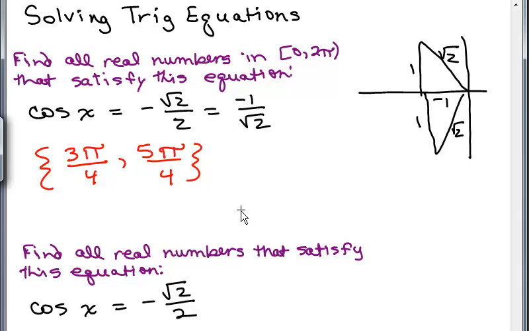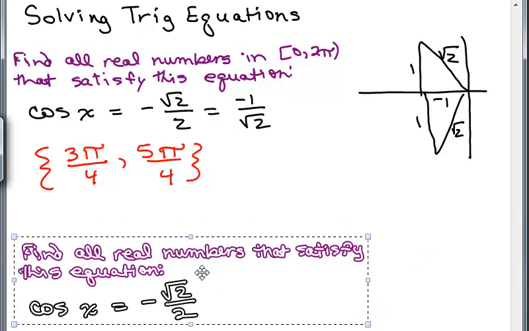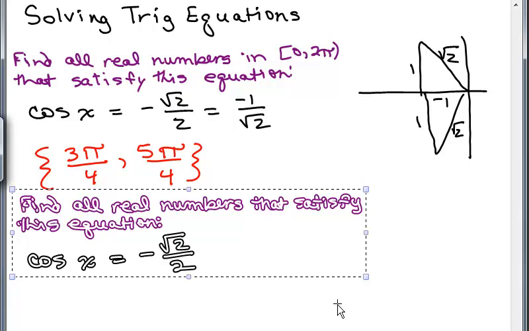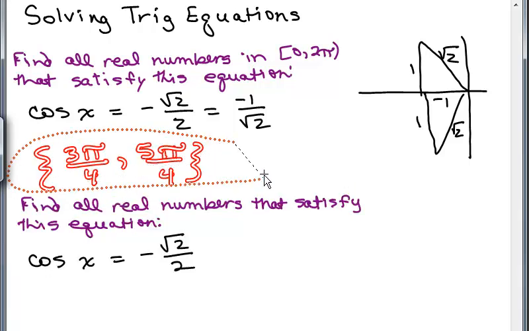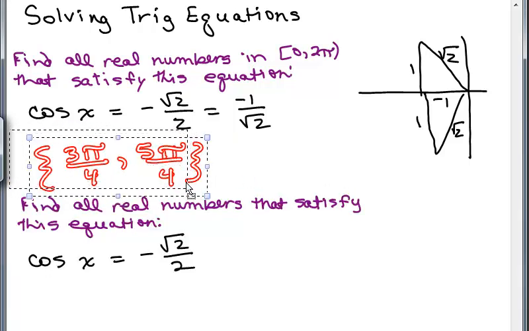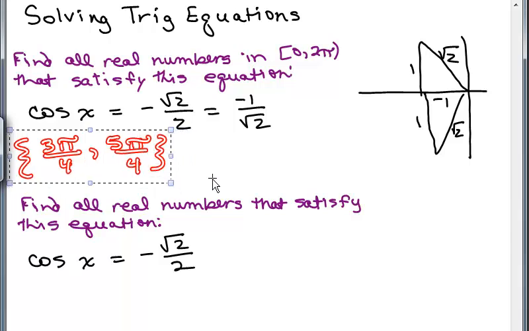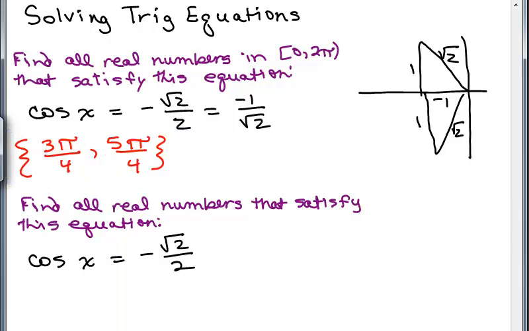So the trick is, let me move this up a little bit so I have a little bit of space to show it. Okay, here we go. So what can we do? As long as we get all of the angles coterminal, I like to think of it as angles even though we're discussing real numbers, we'll get everything.